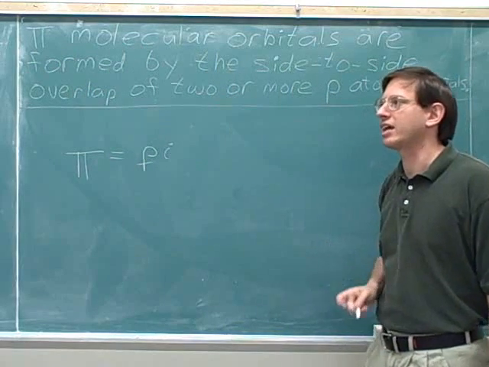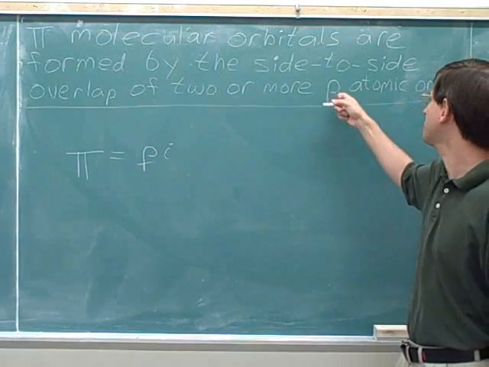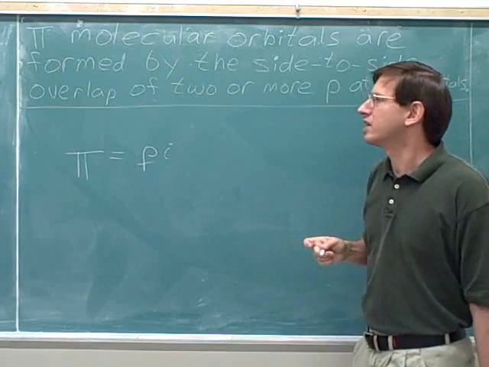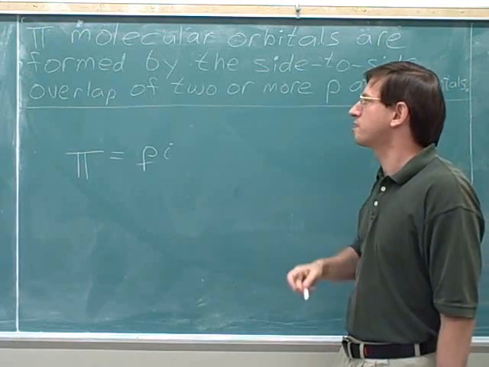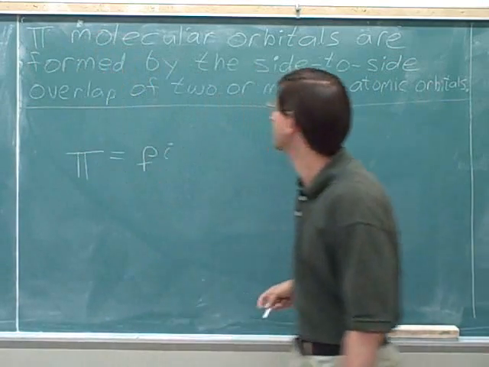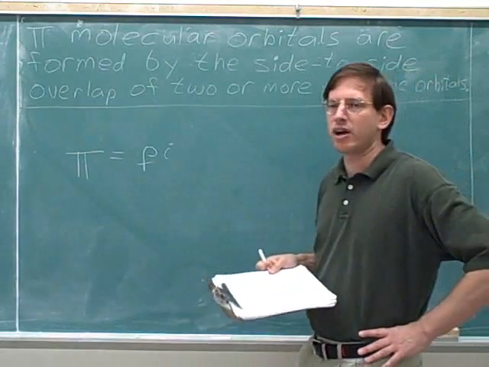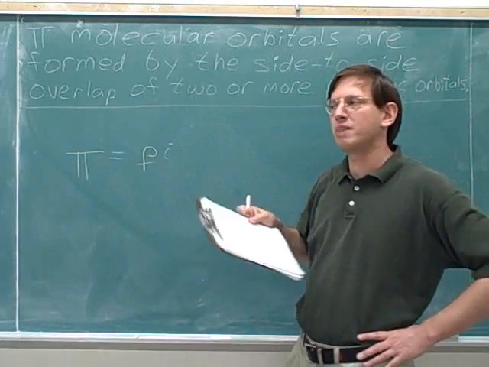So if you're just looking at a single orbital on a single atom, you would be referring to a p atomic orbital. But if you're referring to an orbital that is spread over the molecule, you'd be referring to the pi molecular orbitals. Now, like I said, there are other types of molecular orbitals besides the pi molecular orbitals.